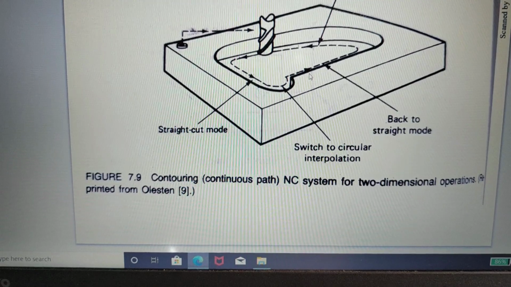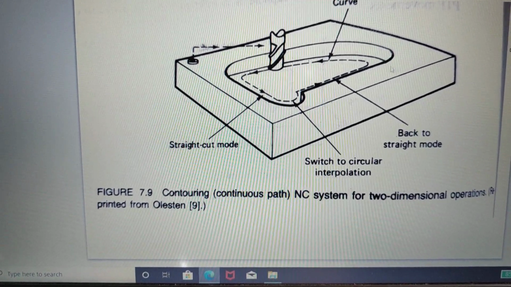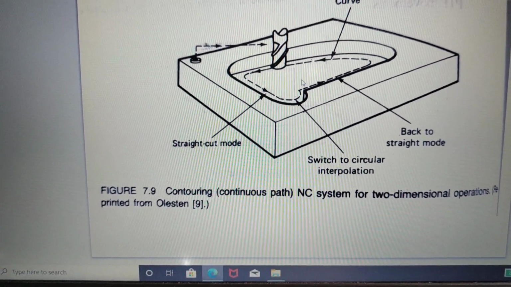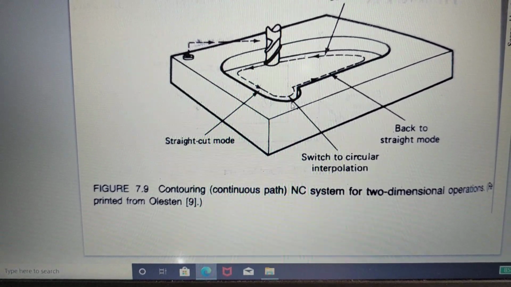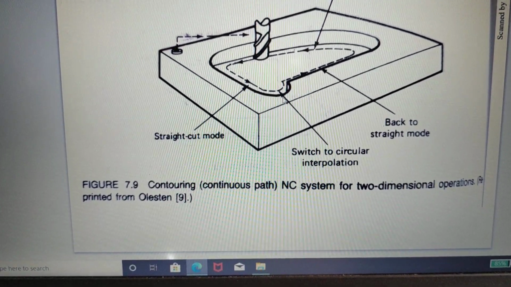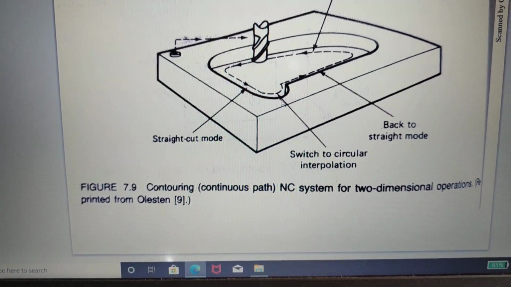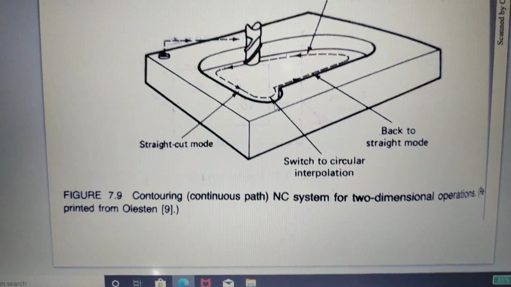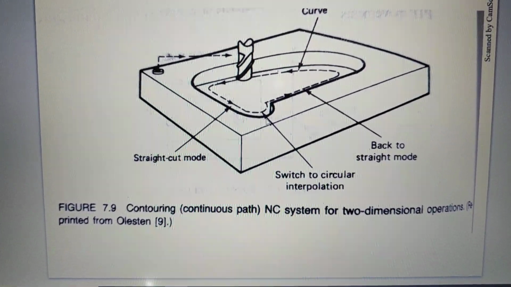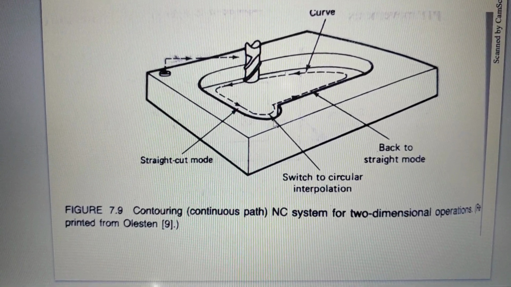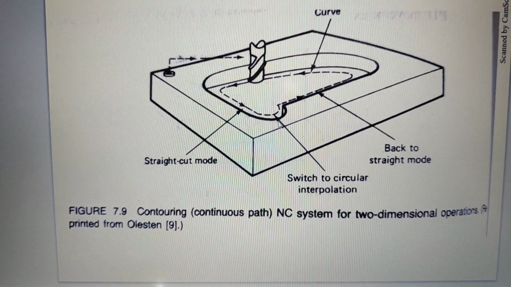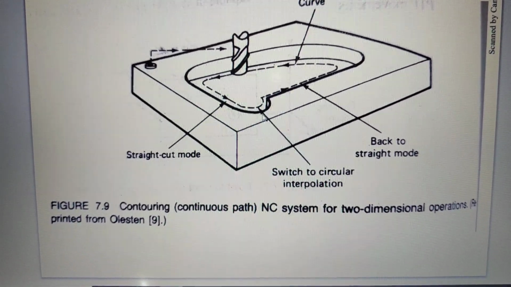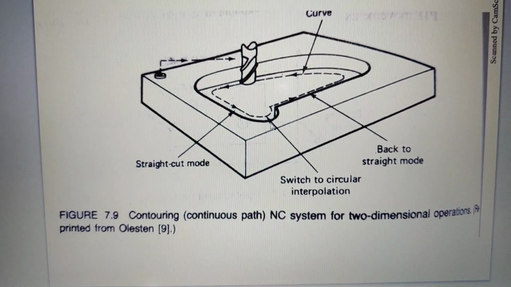Continuous means you can generate any given path: linear, inclined line, arc, all the paths you can generate. So most of the complex geometries are machined in a machine that has a contouring NC control system or continuous path NC control system in two-dimensional operations.